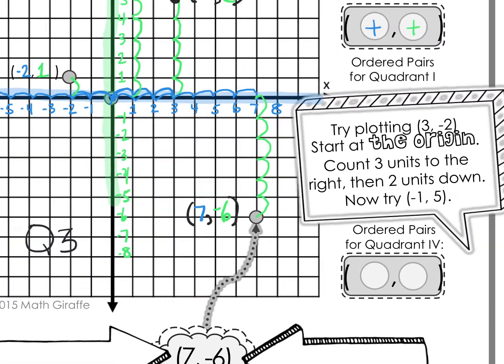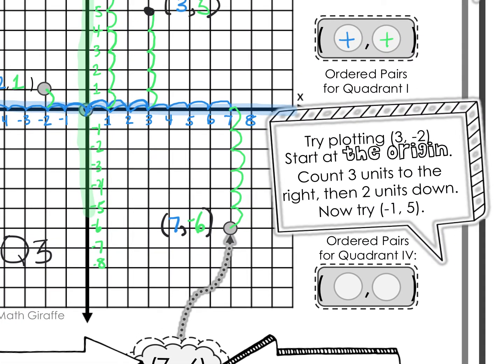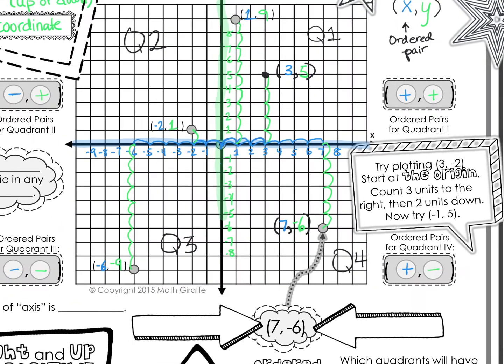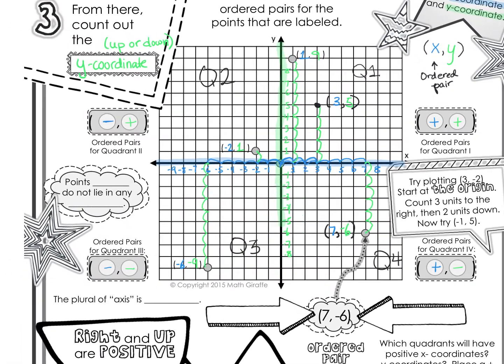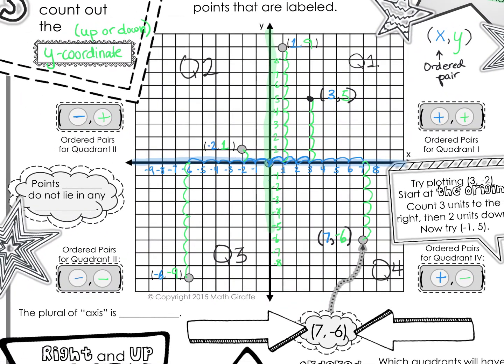And then finally, quadrant 4, the X is going to be positive and the Y is going to be negative. Please make sure that you have written the pluses and minuses in all 4 of those.